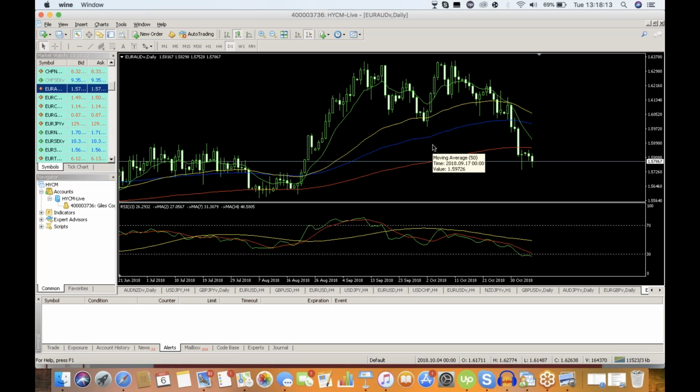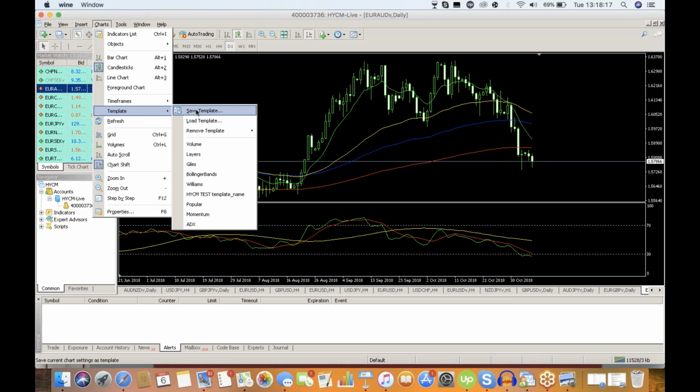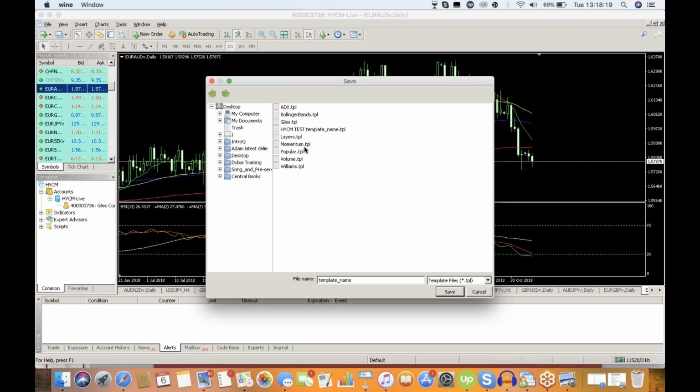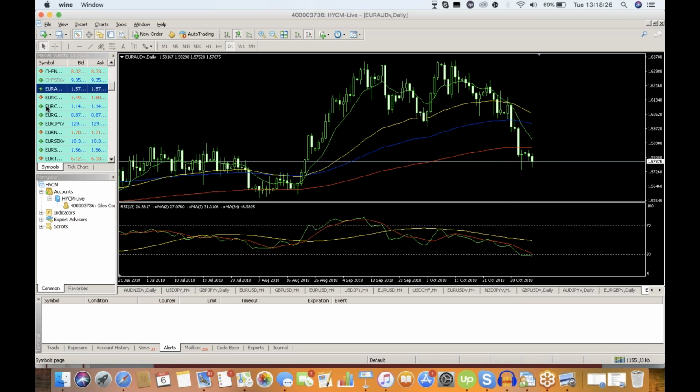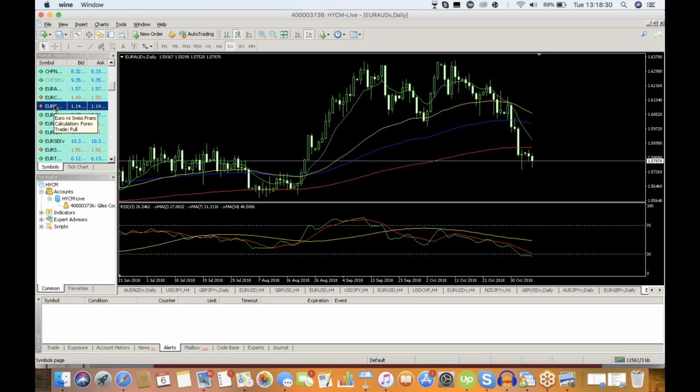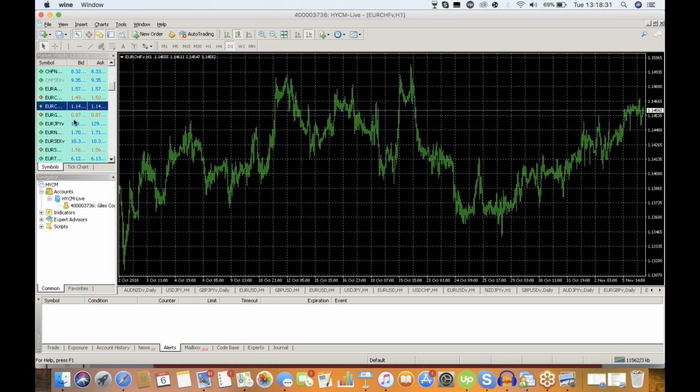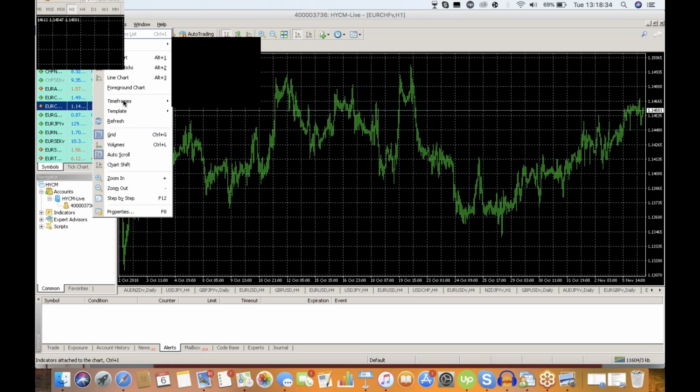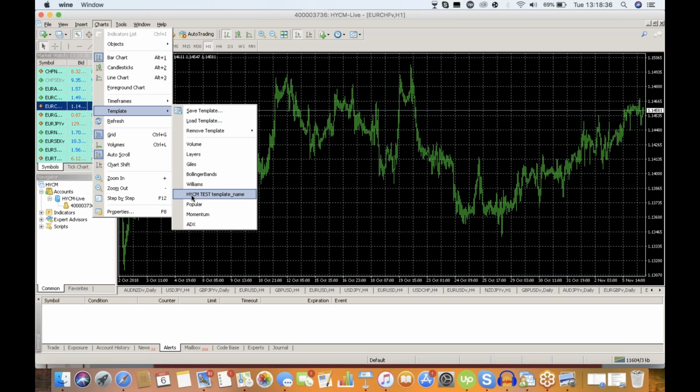Once you've set that up, you go to your charts, you go to template, you save that template, and I've given it that name, HYCM test. You just press save. I won't, because I've already done it here. Then when you go to a new chart, all you do is you double click on the chart, go to chart window, you go to charts, template, and then you simply pop on the saved template.